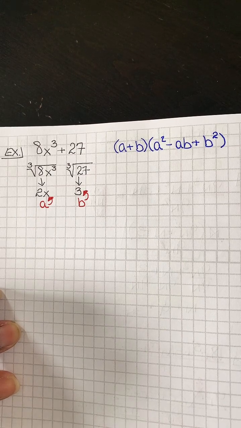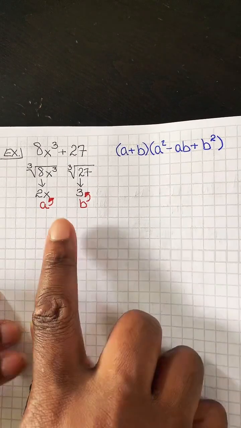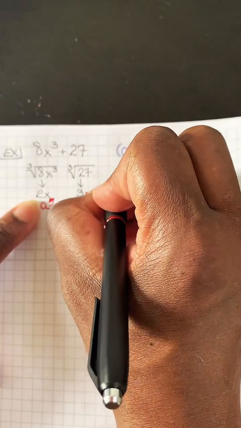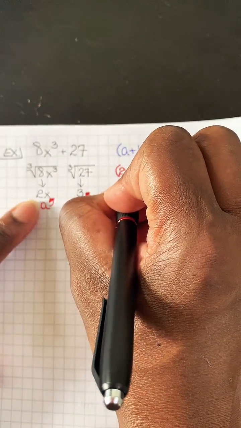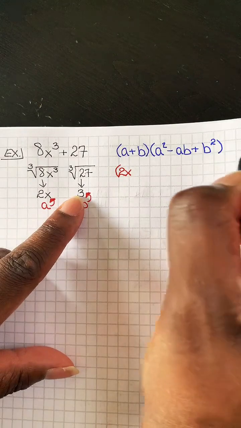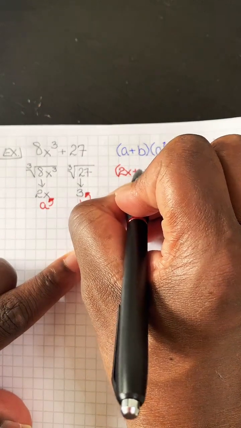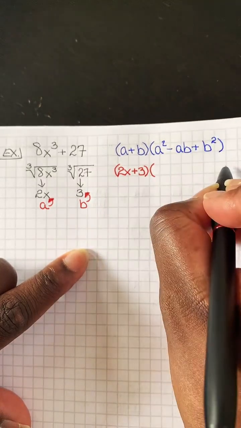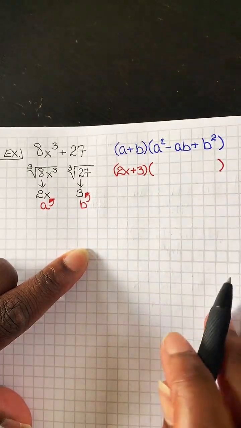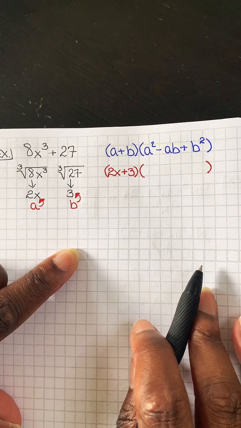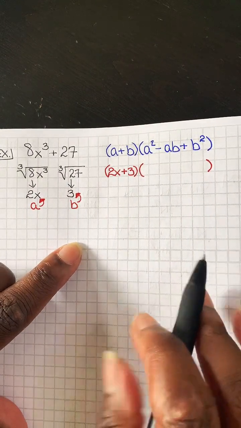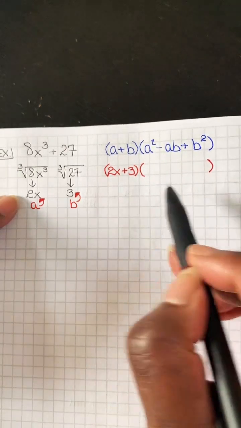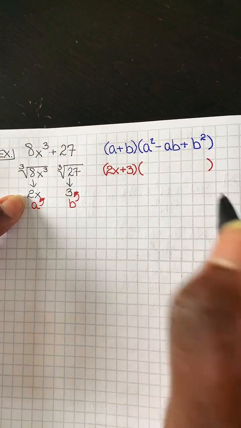Okay. All right. So, since my 2x is my A, we write our 2x here. Our 3 is our B, so it'll be plus 3. So now, in my second parenthesis, okay, in that second parenthesis, we have our A squared. Our A is the 2x.